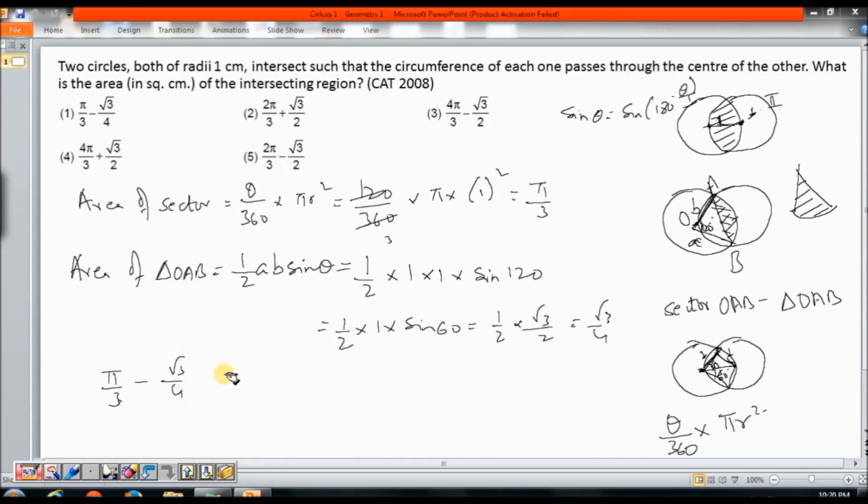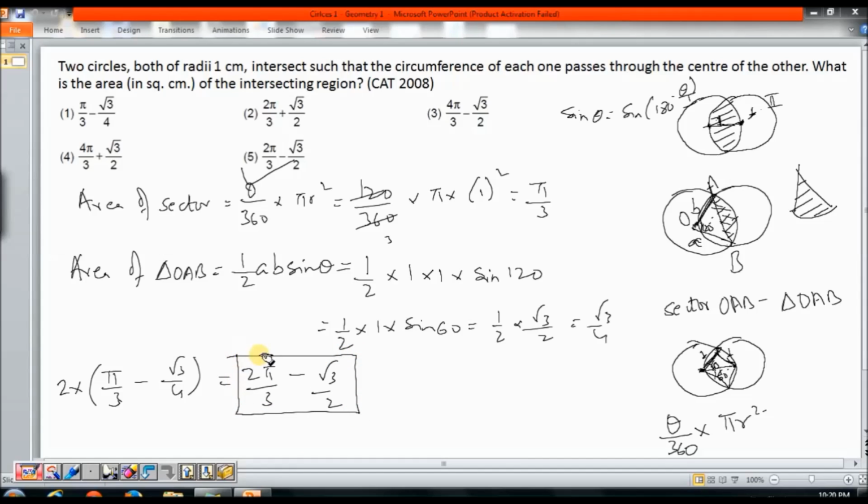And I know this is only one part. If I double this, I will get the total required area. That is nothing but 2 pi by 3 minus root 3 by 2, which is nothing but your fifth option. So this is how we can solve this question.